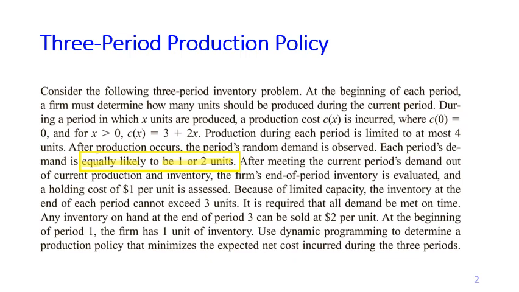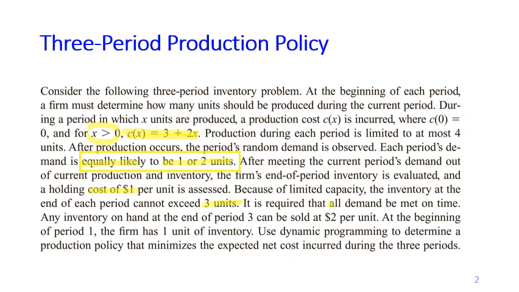There's a production cost, and this is the production cost if you produce anything greater than 0. So if you produce 0, then the cost is also 0. And then you also have the holding cost, $1 per unit that you keep at the end of the period. And the capacity of the warehouse is 3 units.